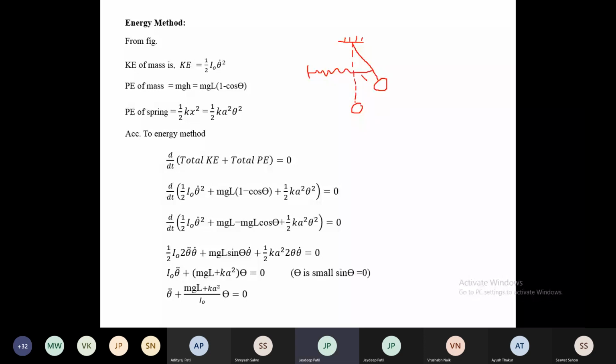To find h, find out the distance. The distance is equal to L cos theta. How much will h come? h is equal to L minus L cos theta. Okay, now draw this figure and you have to write down the equation.